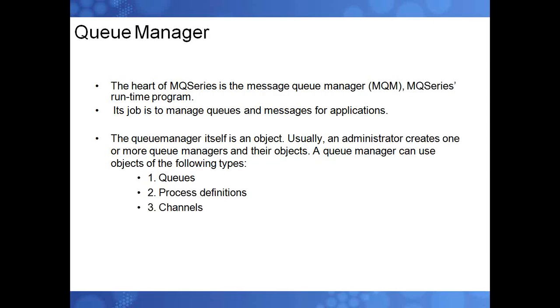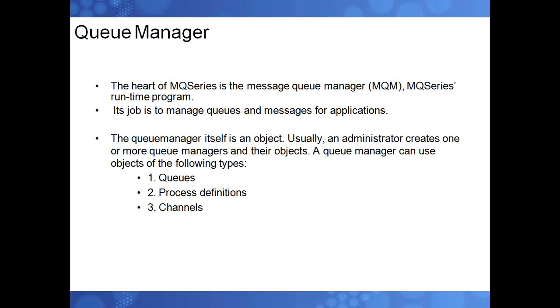For example, WebSphere MQ internally has many objects. Among those objects, the queue manager is the core object which holds the other objects as well. If you want to define a queue manager, it is nothing but something that holds the objects of the MQ.